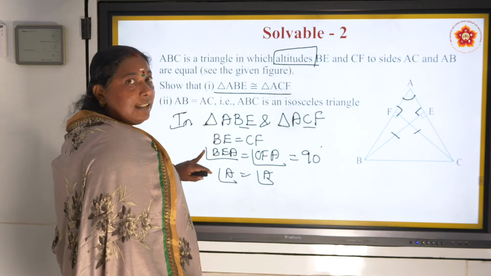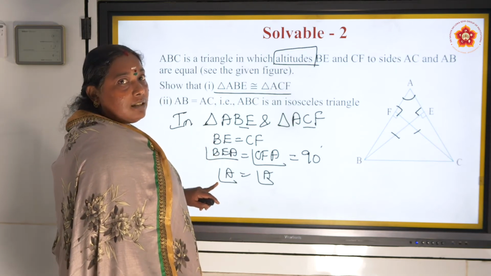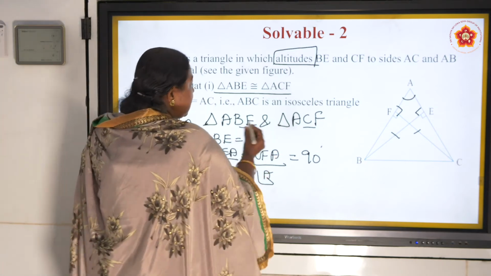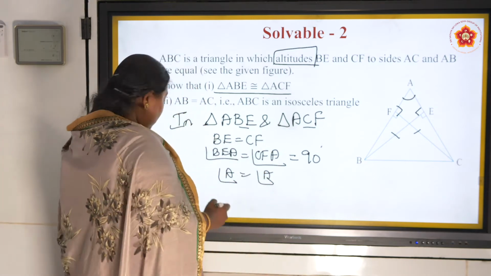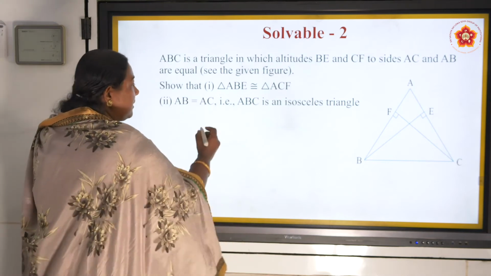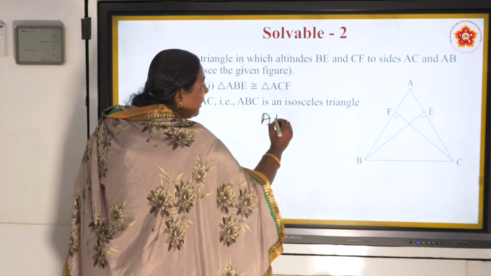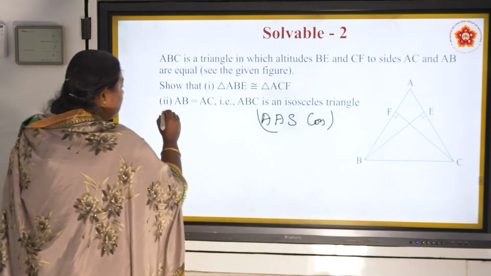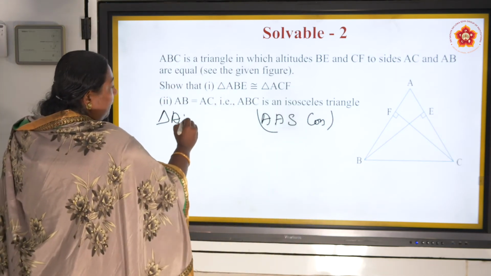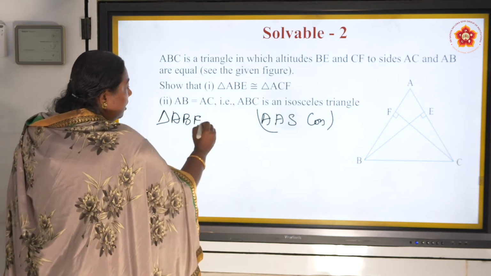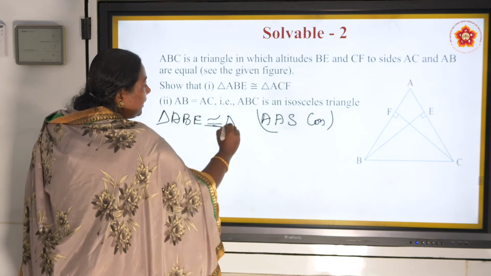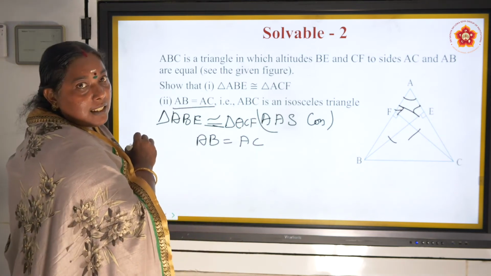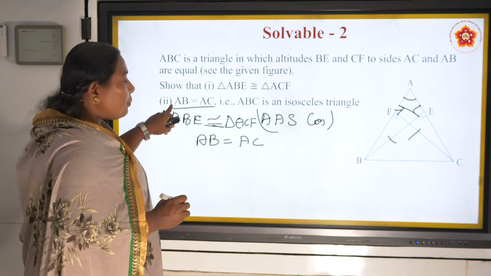Side, angle, angle. On the basis of angle, angle, side congruency, I am saying that triangle ABE is congruent to triangle ACF. By CPCT, I can prove the next proof also.